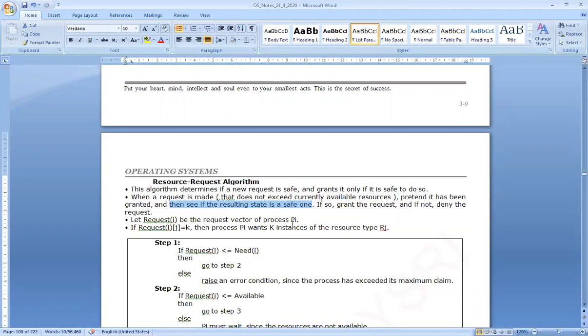If so, grant the request. If we are not in a safe state and are getting into some kind of deadlock situation, then deny the request. That is the step of our resource request algorithm.